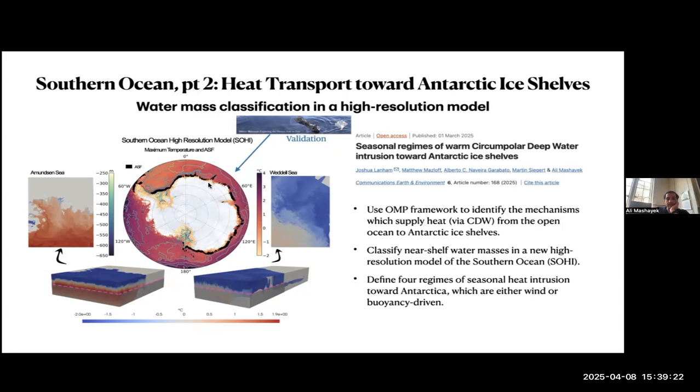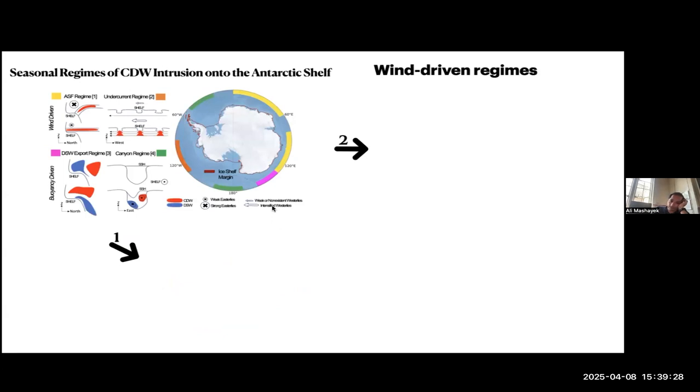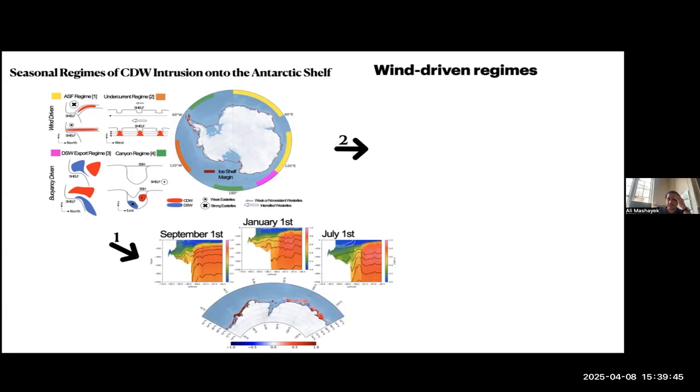But when you do that now at this resolution, then you can actually start looking at the phenomenology very well. So Josh classified different regimes around Antarctica that can contribute to the upwelling of warm circumpolar deep waters to the base of the ice shelves. And that's obviously important for the stability of the ice shelves. And so one of the regimes that I'm showing here is basically wind dominated.